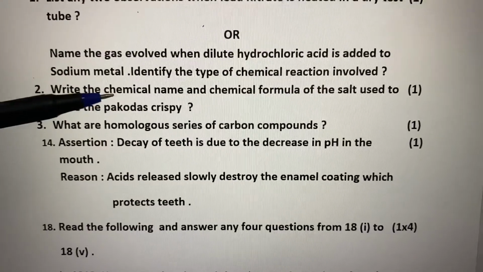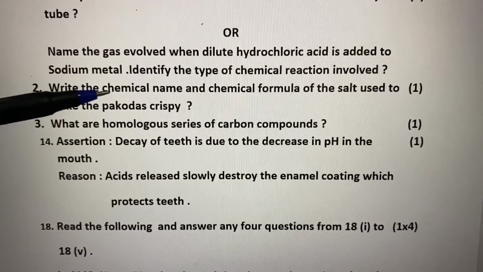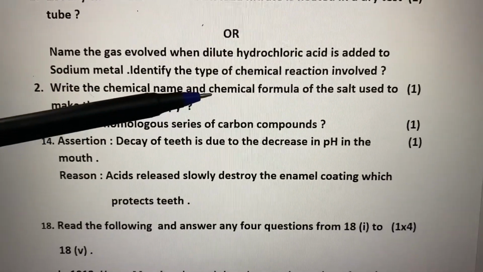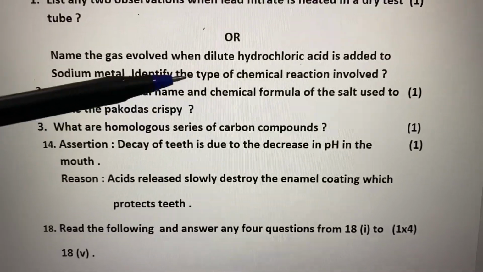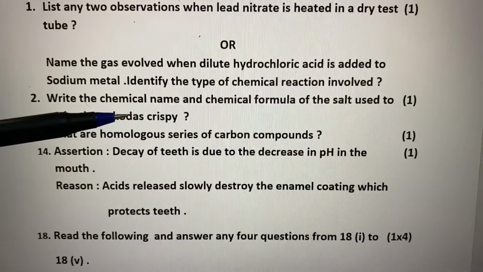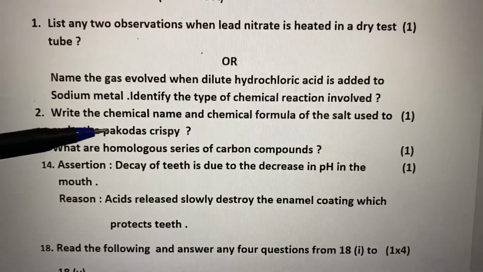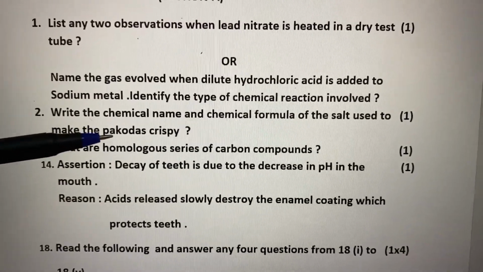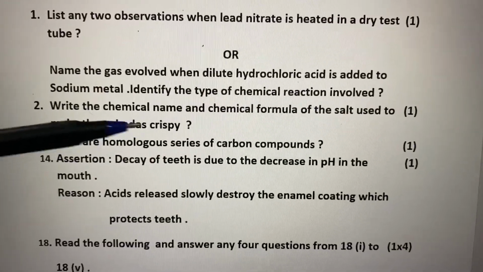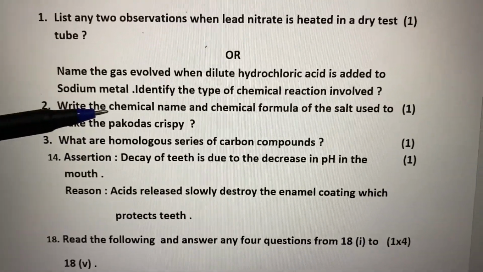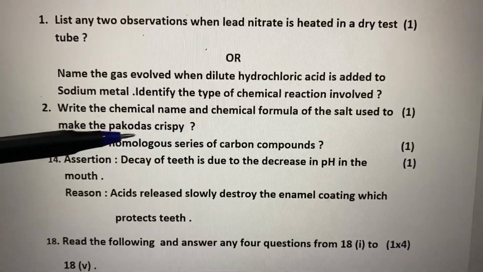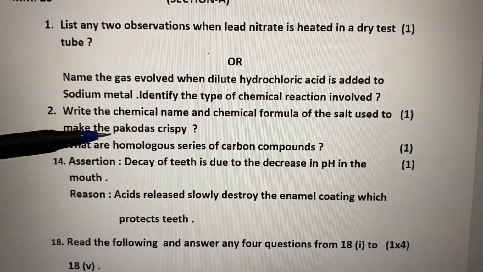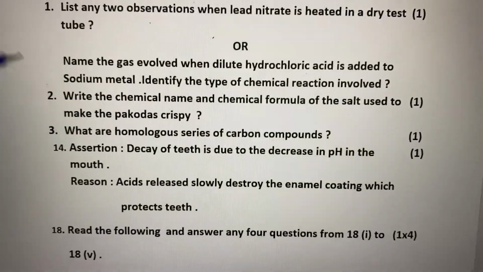Sodium bicarbonate or sodium hydrogen carbonate. And the chemical formula of this compound is NaHCO3. When we add NaHCO3 to our food items, carbon dioxide gas is evolved and this makes the pakoras crispy. So this is a very important question. Sodium bicarbonate or sodium hydrogen carbonate is used in our food items to make our pakoras crispy.